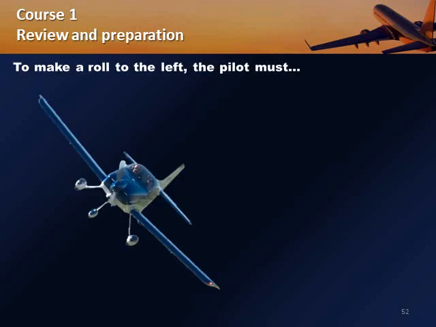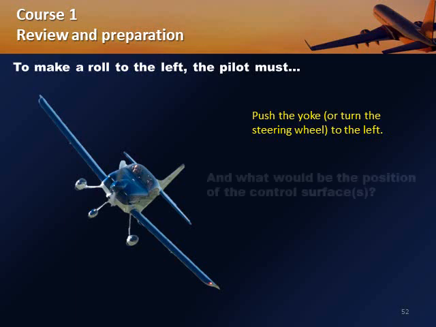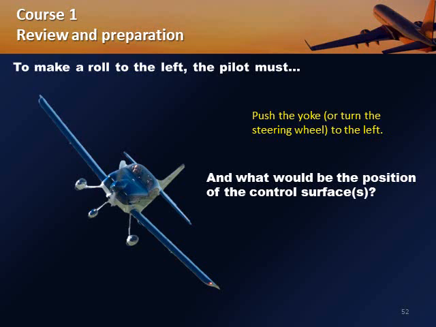To make a roll to the left, the pilot must do something in the cockpit. So what is he going to do? He's going to push the yoke or turn the steering wheel to the left. If you have a steering wheel, you turn it to the left. If you have a yoke, you push it to the left. This will move the control surfaces.